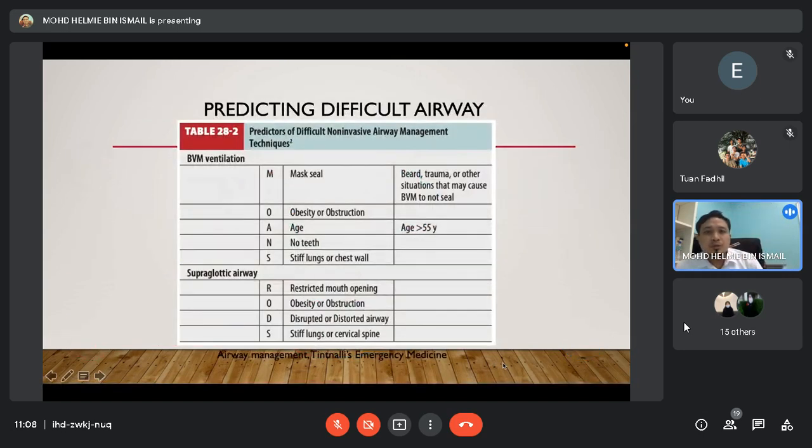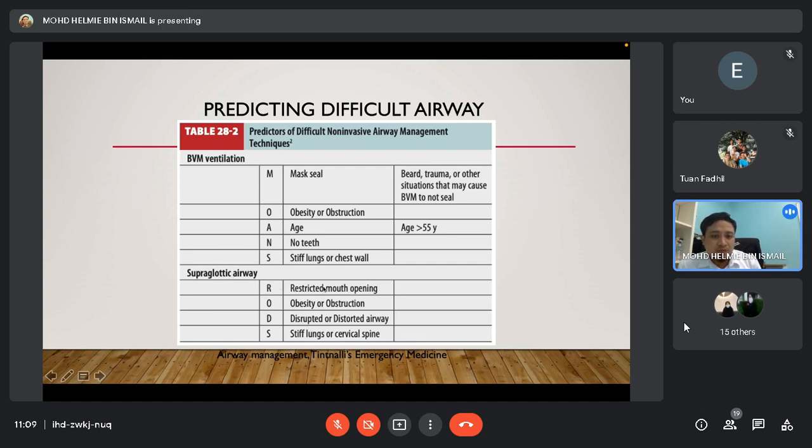Alright. How to predict difficult airway? Basically, we have mnemonics lah. We have mnemonics for bag valve mask ventilation, we have MOANS, and then also for supraglottic airway, contoh LMA.